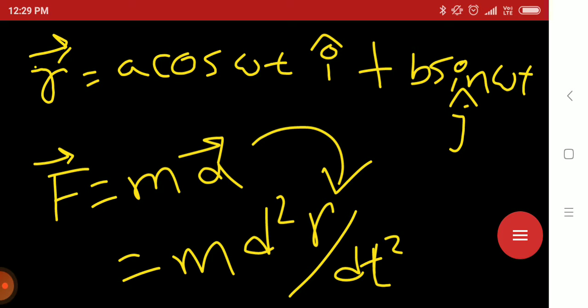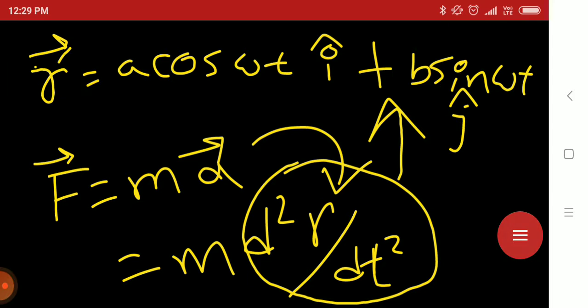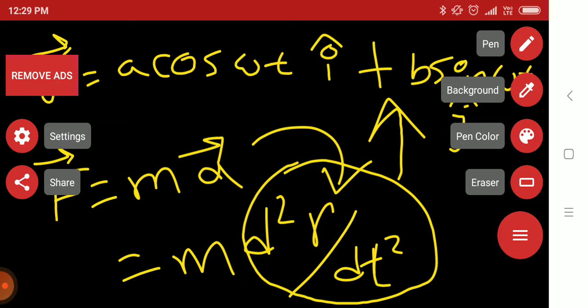To solve this problem, since it gives a parametric curve, I have to take the double derivative of this equation.